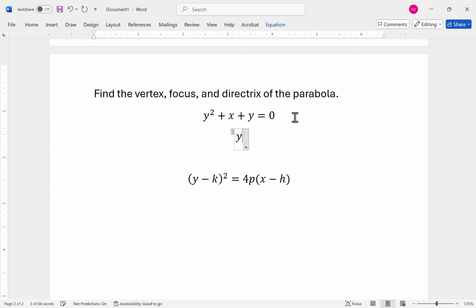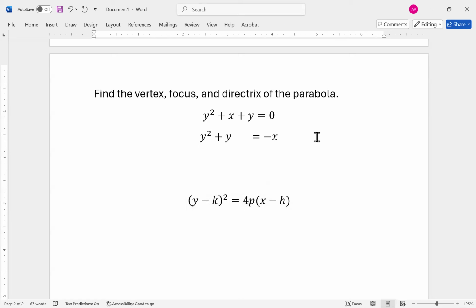So I do my standard thing. When I want a perfect square, I subtract x from both sides. And on the left-hand side, I create just y squared plus y. And then I'm going to add some unknown value in here to create a perfect square.